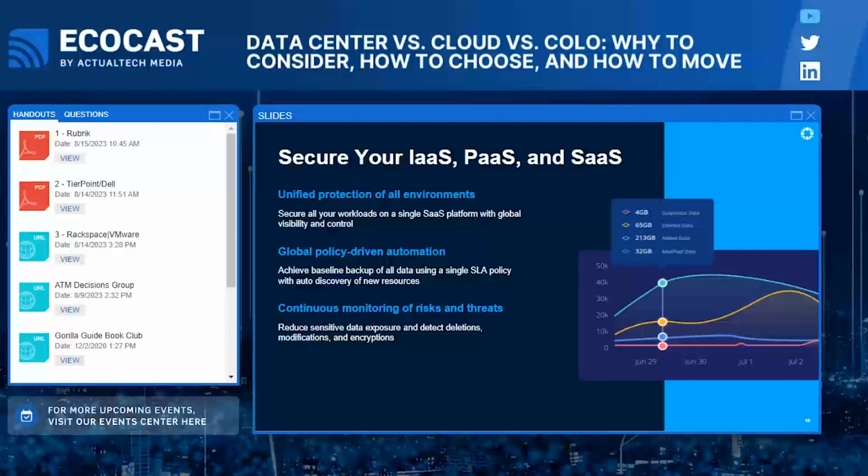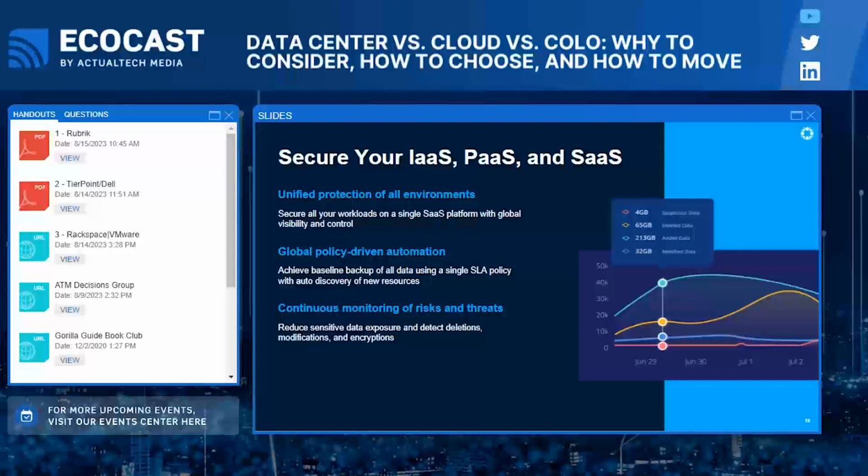And then doing that continuous monitoring, right? Once you get past the resiliency discussion, the question becomes, how can I protect and recover my data quickly? And the ability to reduce your sensitive data exposure, understanding if there's sensitive information lurking in areas where you don't expect it to be, is one of the benefits of doing that kind of work against backup data. It's latent data, typically looked at in the past as an insurance policy.